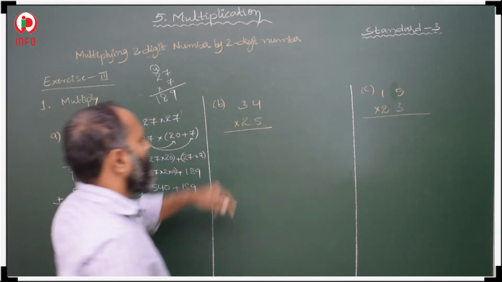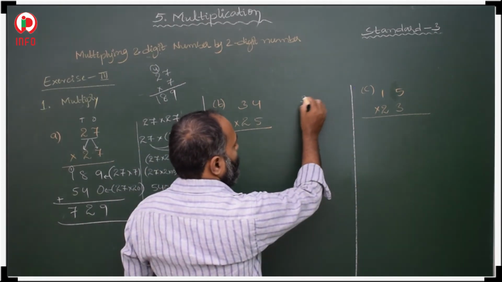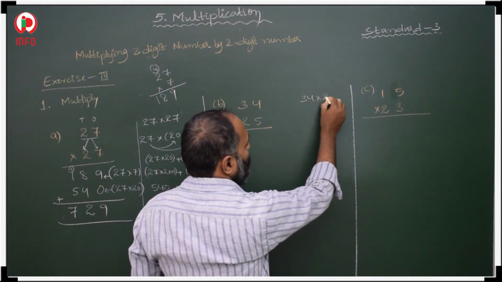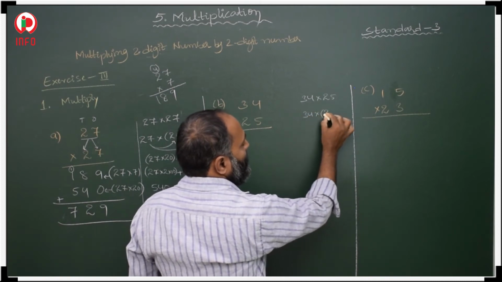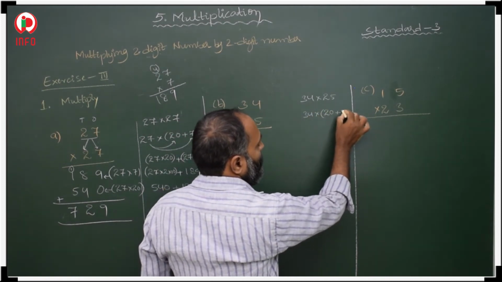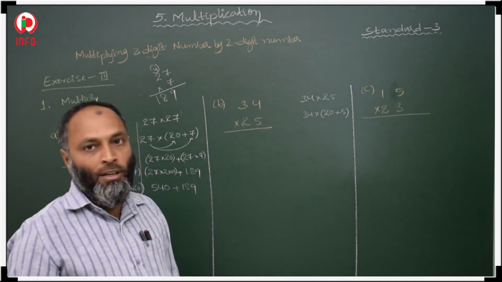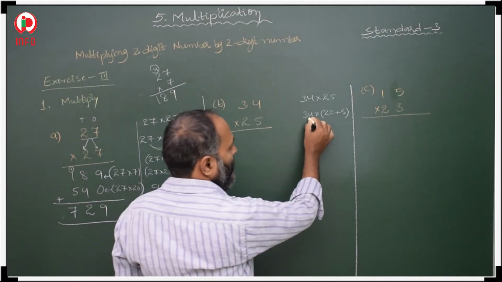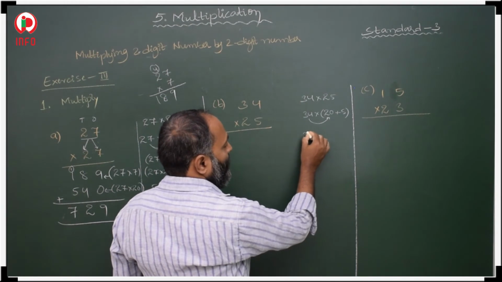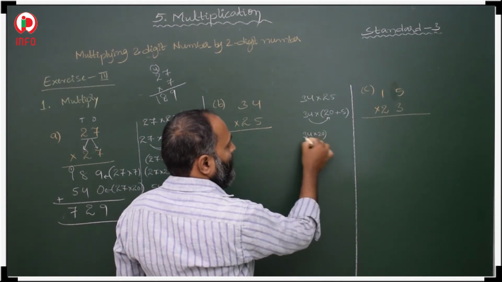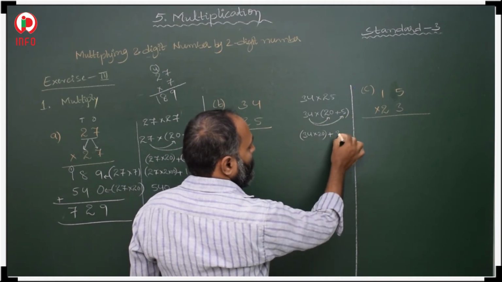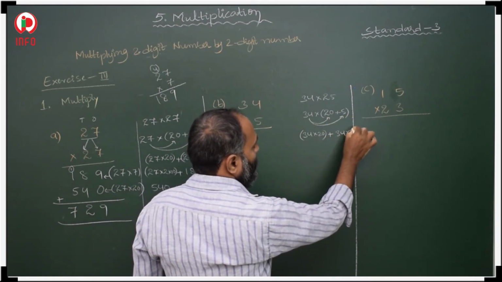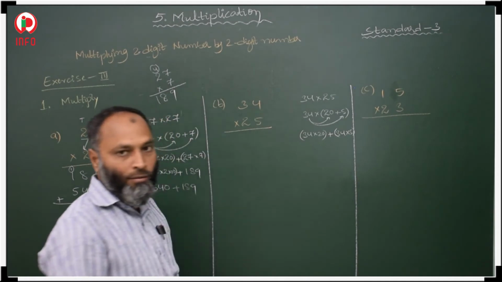Now here 34 into 25. 34 into 25 means 20 plus 5, 25. Now distributive property: 34 into 20 plus 34 with 5.